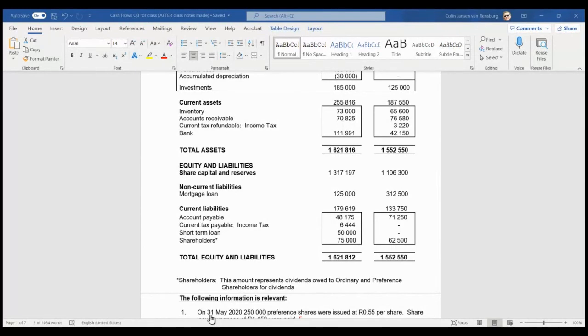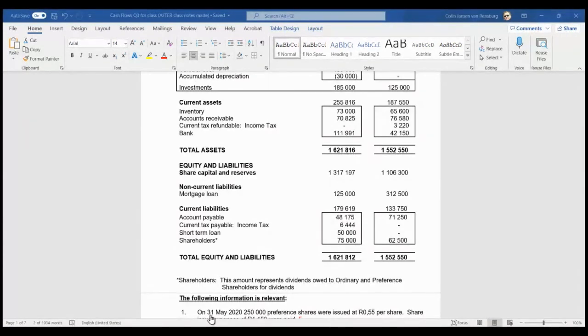And that asterisk also tells you, as a note, that this amount, shareholders, represents the dividends owed to ordinary and preference shareholders. Thank you, Rita. So we see there was an accrual at the beginning of the year of 62,500. There's also an accrual at the end of the year of 75,000.